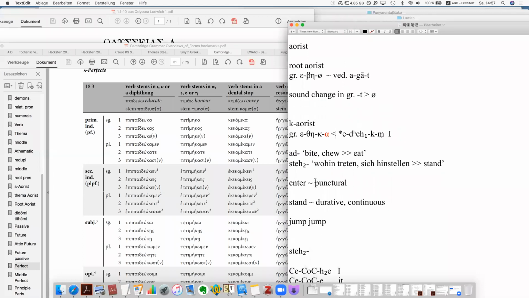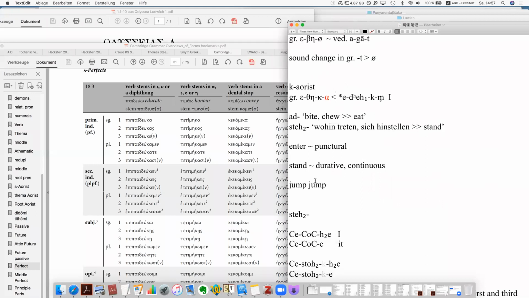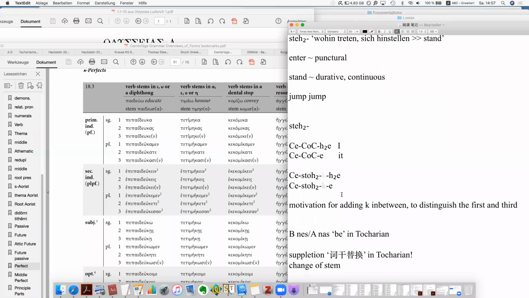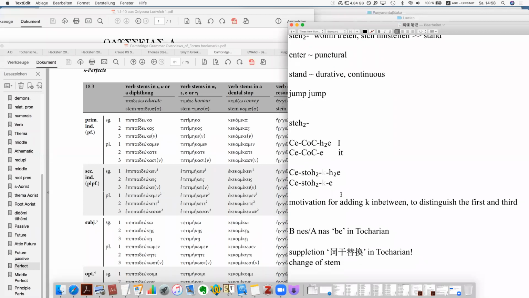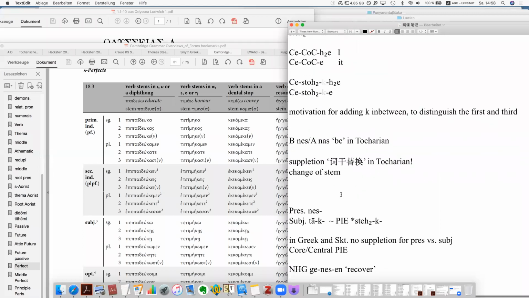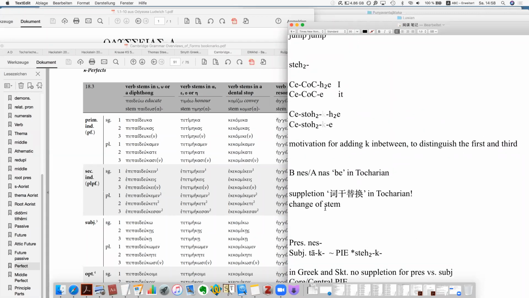And this K element is already a Proto-Indo-European element. I explained the motivation for it.